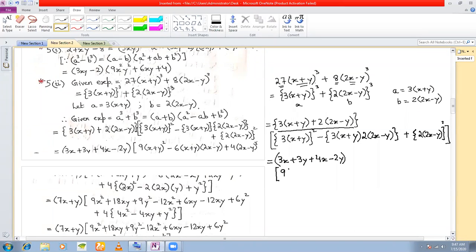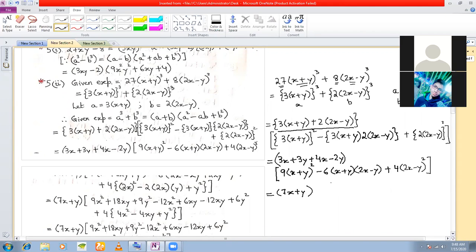You have 9 times x plus y whole square, minus 6 times x plus y into 2x minus y plus 4 times 2x minus y whole square. Okay, so this first part becomes 3x plus 4x combined to become 7x, plus 3y minus 2y becomes plus y only.